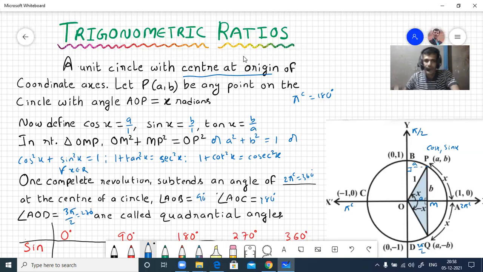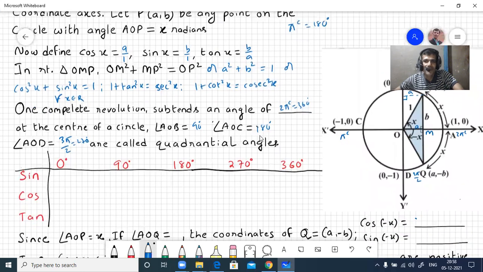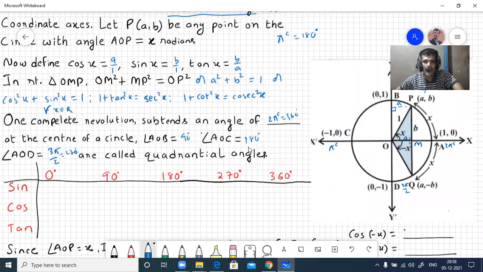Okay. Now see, all these angles are quadrantal angles. They are multiples of 90, no? They are quadrantal angles. Okay, we can find the trigonometric values at the quadrantal angles. Here we already told unit circle intersects the coordinate axis at A (1, 0), B (0, 1), C (-1, 0), D (0, -1).